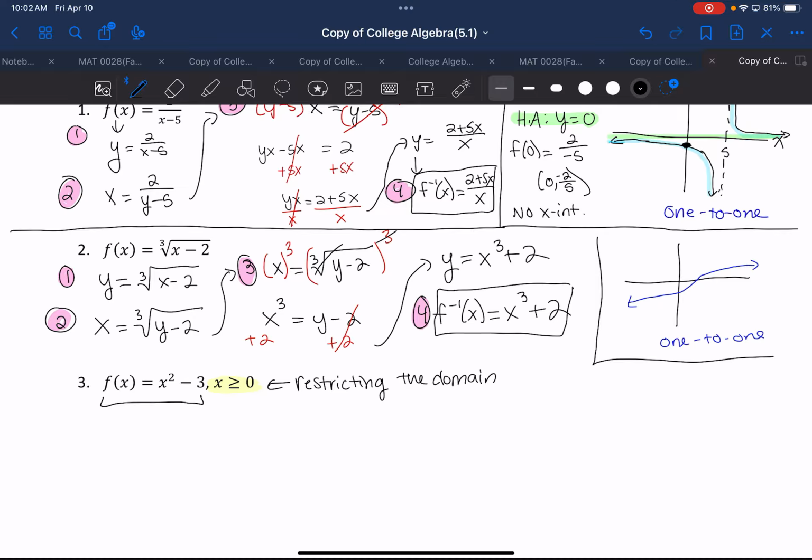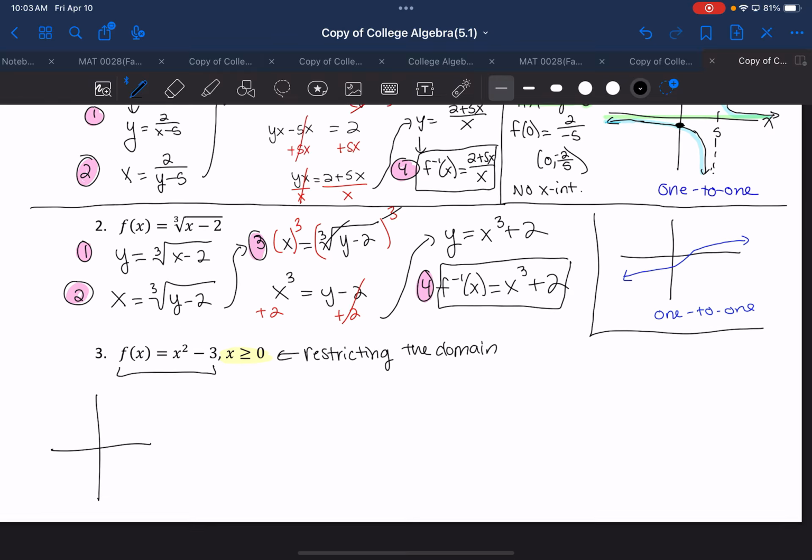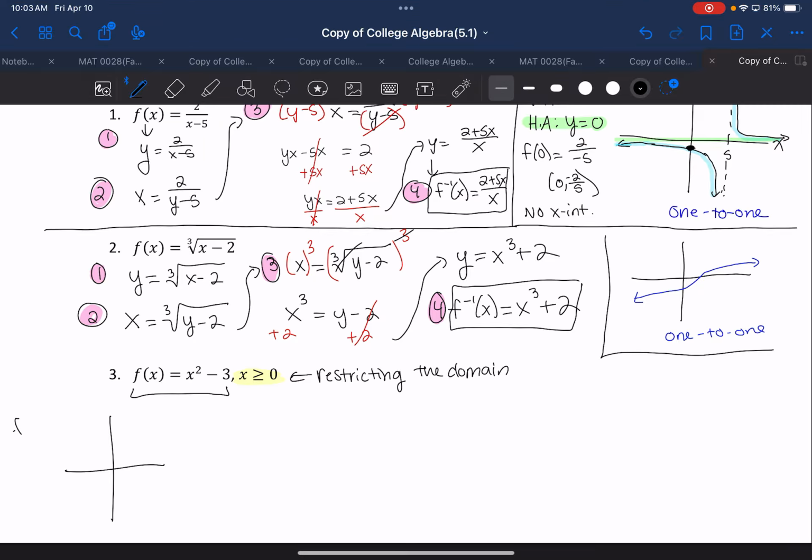Because the original function by itself, f of x equals x squared minus 3, is a quadratic, right? Parabola. If I wanted to graph this, I could use the original parabola that goes through 0, 0, and it'd be shifted down 3 units. Remember that? So it'll look like this.